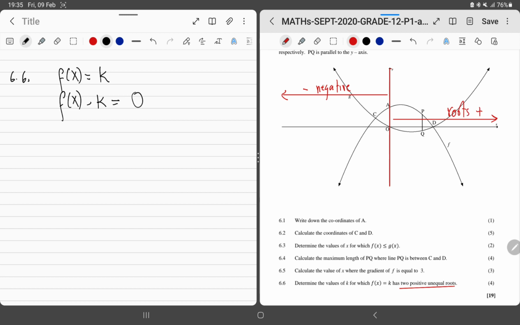So we are clearly not interested in this side. We want to look for our solutions from that point. Let me just clean this up. So our solution must lie from that point going to the right, because that's where I'll have positive roots.